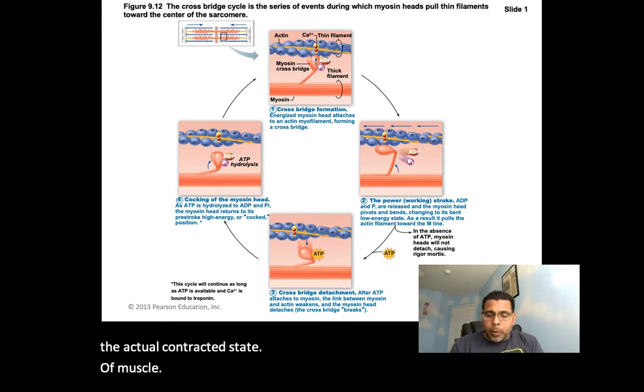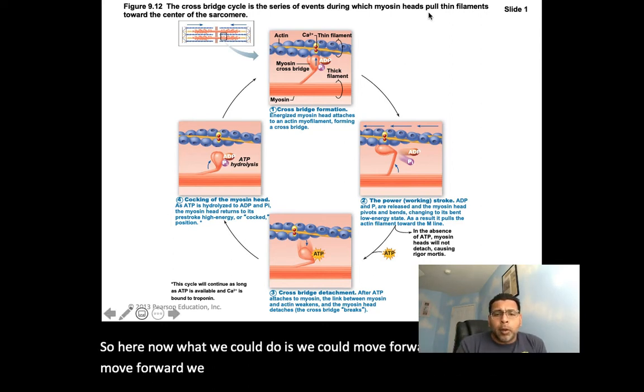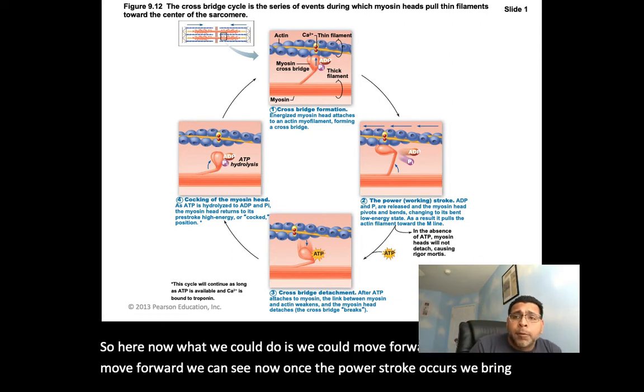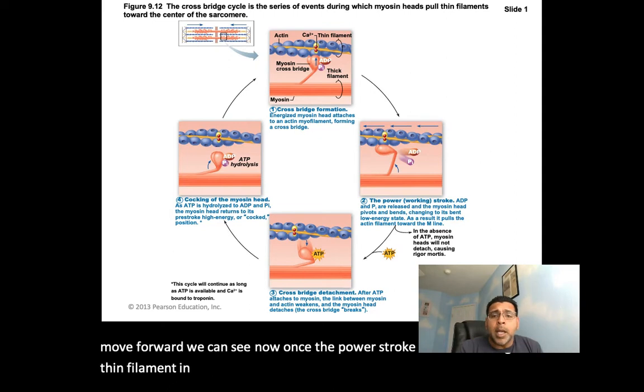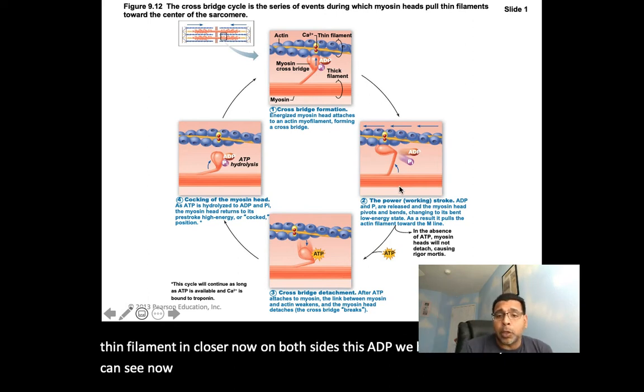So here we move forward, and once the power stroke occurs, we bring this thin filament in closer on both sides. The ADP we had attached is now basically used up. It's gone.